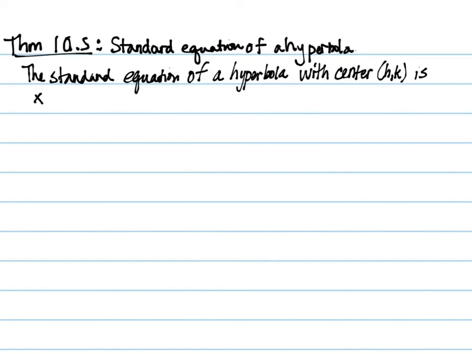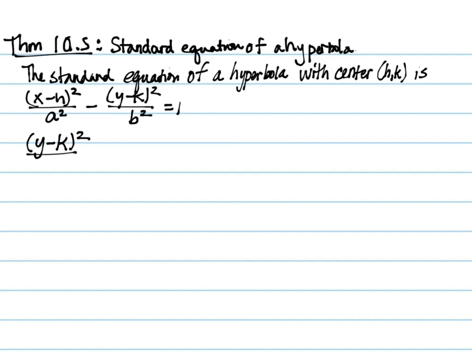I wish I could. So if x minus h squared over a squared minus y minus k squared over b squared equals 1. Or we have it switched where we have y minus k squared first over a squared minus x minus h squared over b squared equals 1.